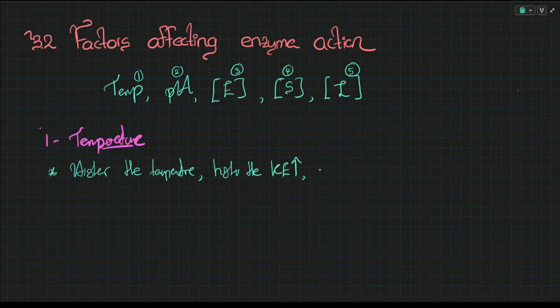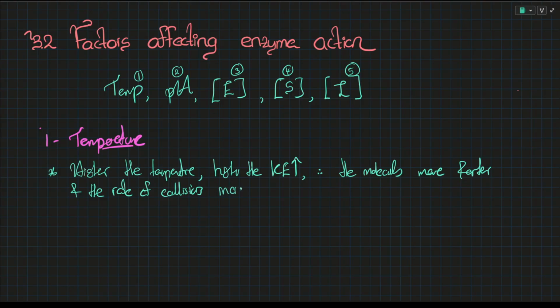Three dots in a triangular form means therefore. So therefore, with higher kinetic energy, the molecules move faster. They're moving faster, so they're going to collide at a higher rate.